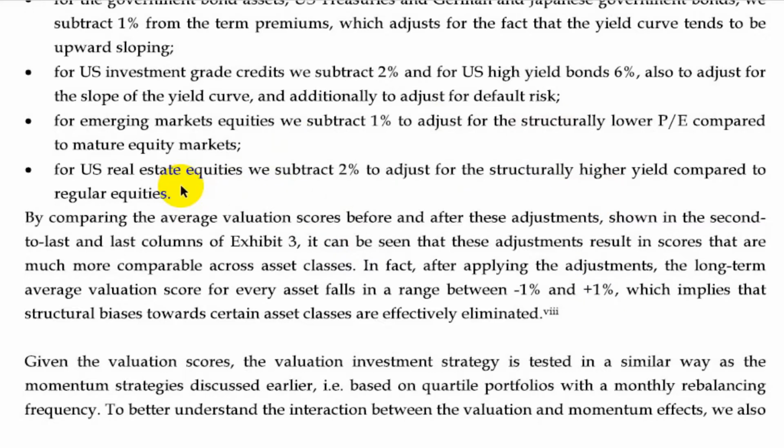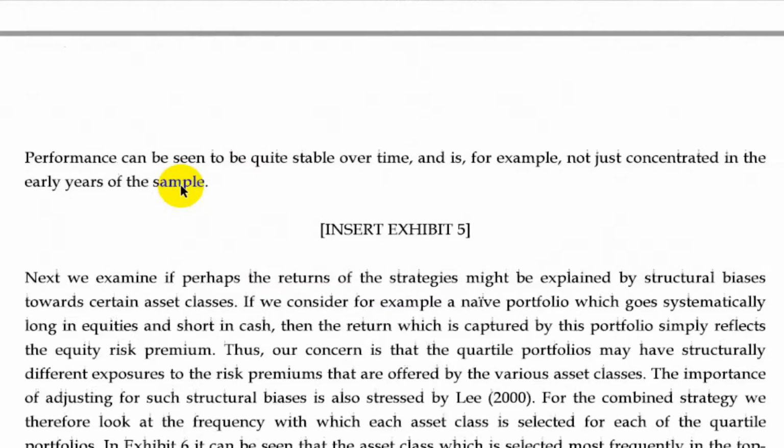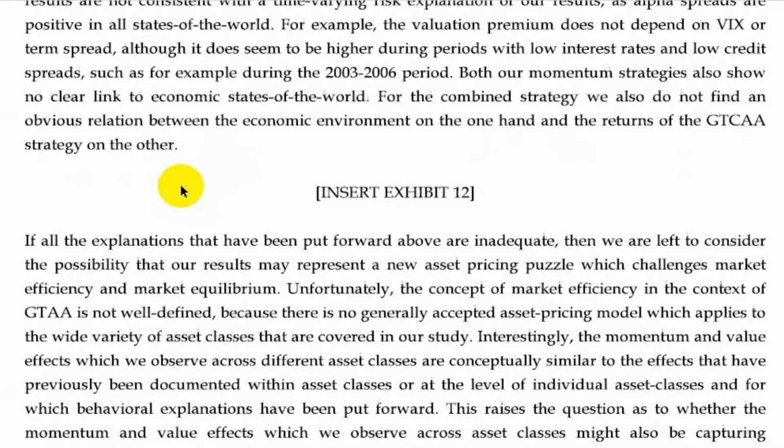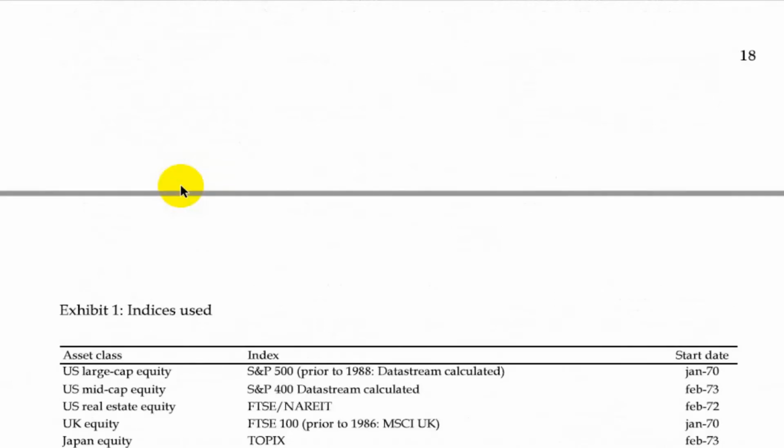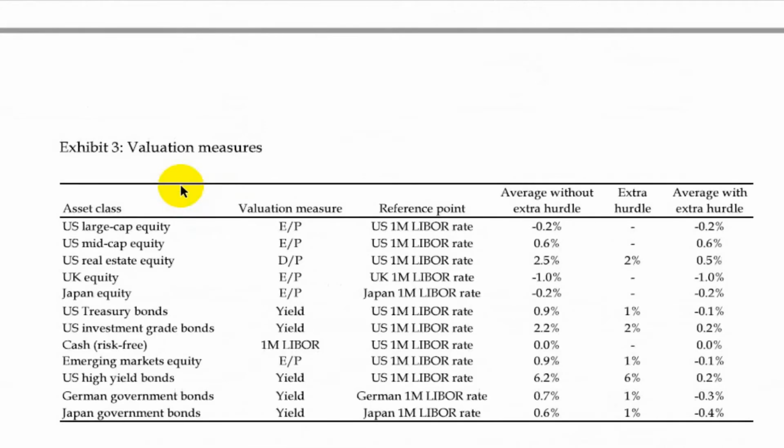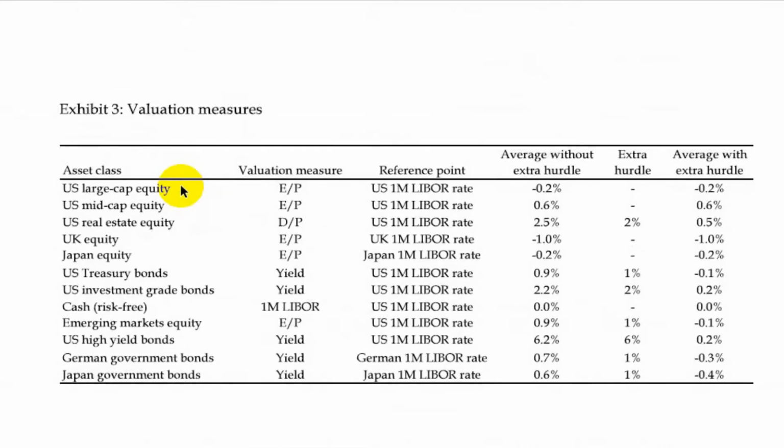So for Exhibit 3, they have the adjustments that they made. So let's take a look at Exhibit 3. So here they have the asset class as well as the valuation measure. Looks like earnings yield, dividend yield, and the term yield here for different bonds.